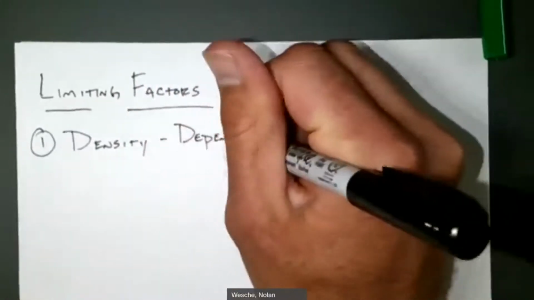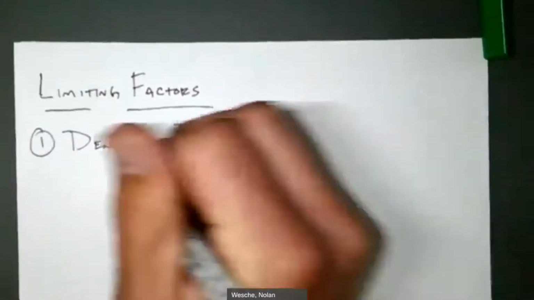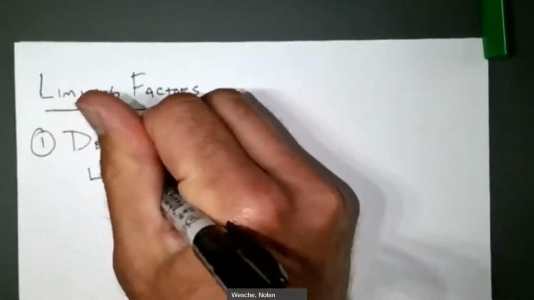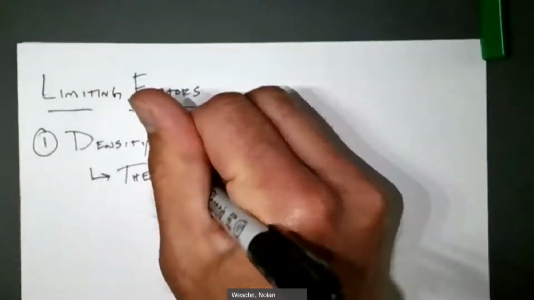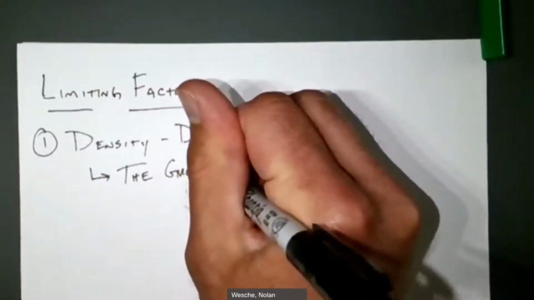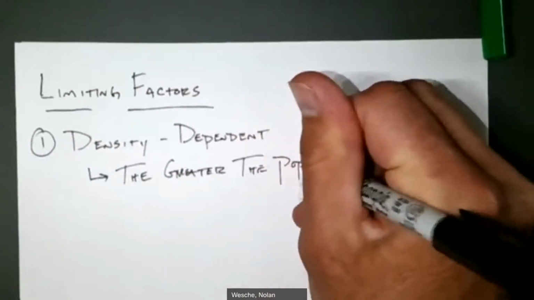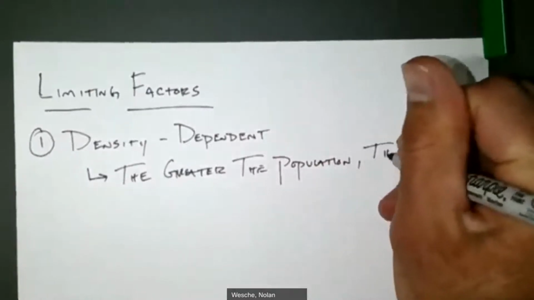So population density dependent limiting factors. So with these limiting factors, population size matters. The greater the population, the more impact they're going to have. So the greater the population size, the greater the impact.